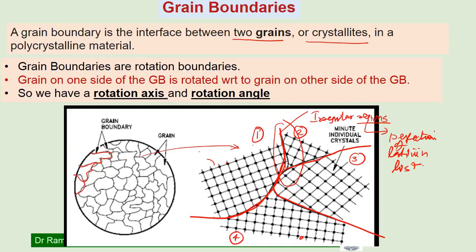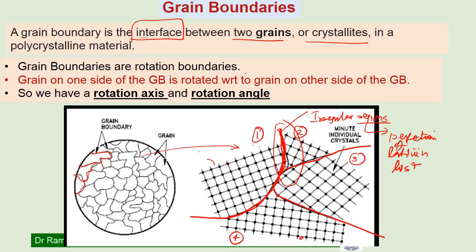The perfection of the lattice is lost in these regions, which are actually called grain boundaries, where two grains are meeting, or it's an interface region between the two grains. So one grain, two grain, in between that is an interface region, which will be termed a grain boundary.